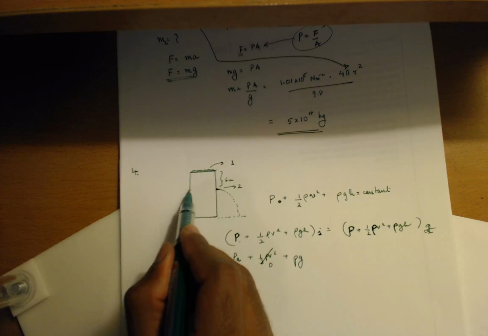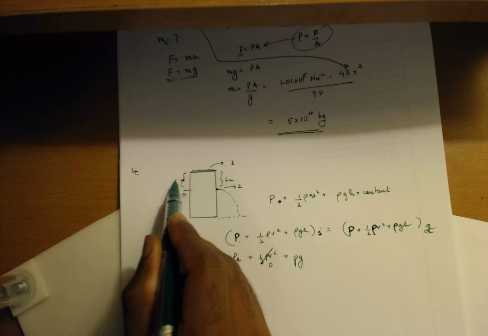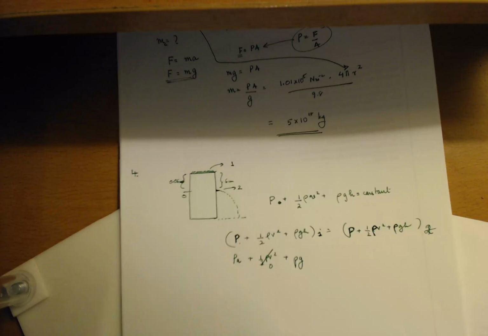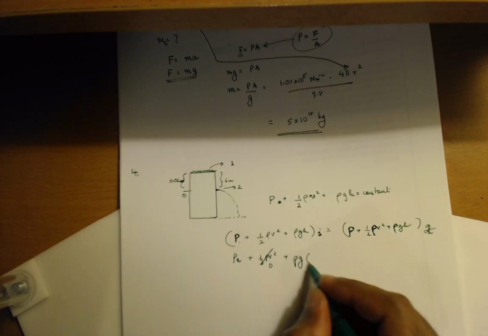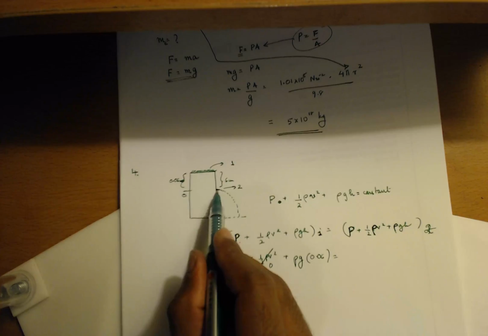Now when I need to put a height, for convenience I could make this my 0 height, so that the height at which the water is on the top is 6 centimeters or 0.06 meters. So this would be 0.06 equals the pressure when the water is jetting out from here.